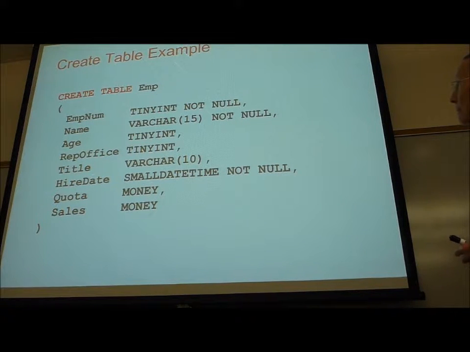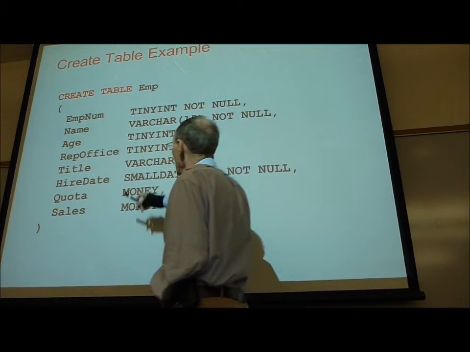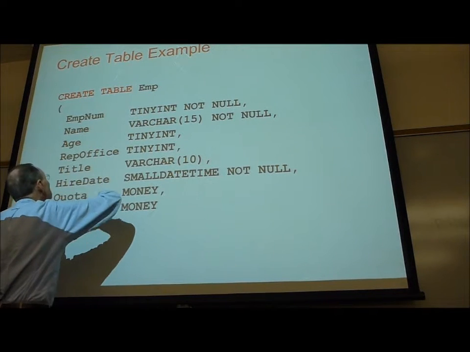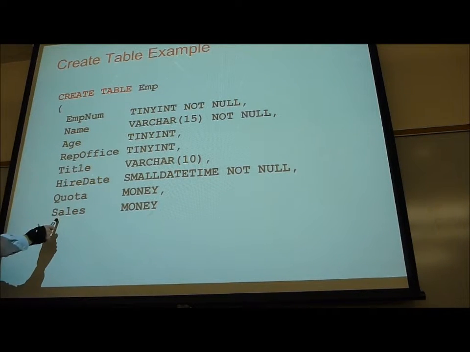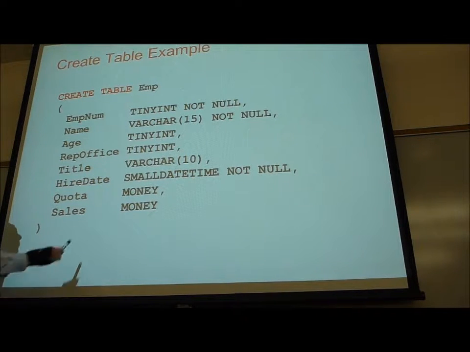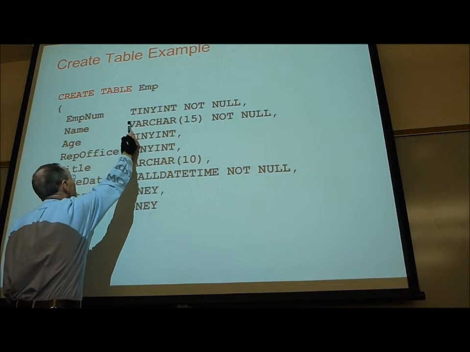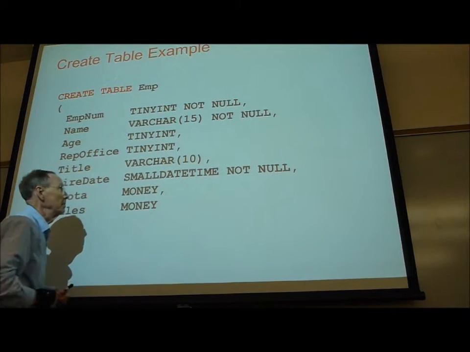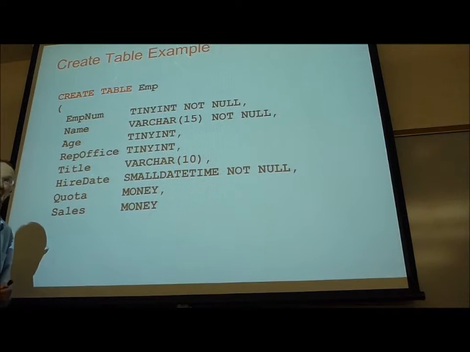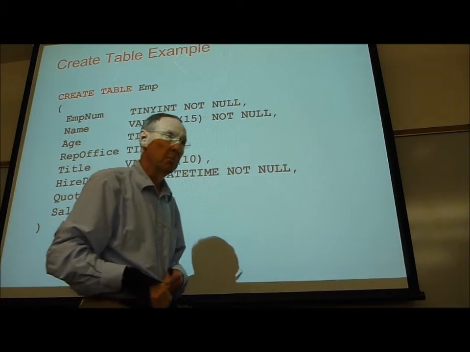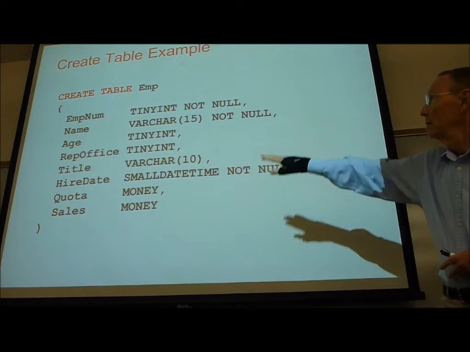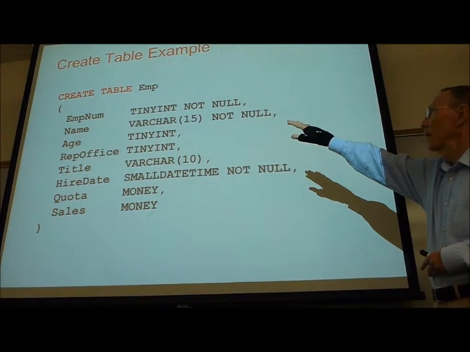All right. And here's my first column: employee number, name, age. There's all my optional columns. The next item in there is going to be a data type. And we're going to go through the data types here in just a minute. I can have things with integers.